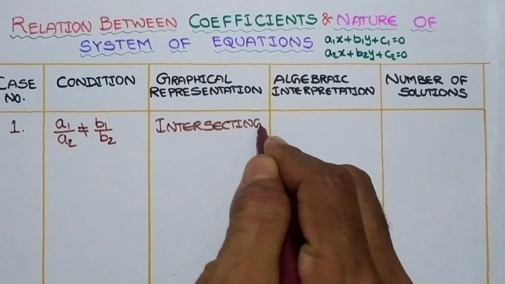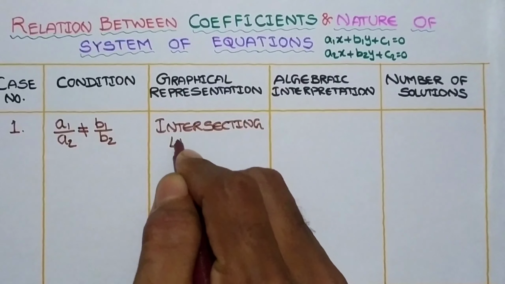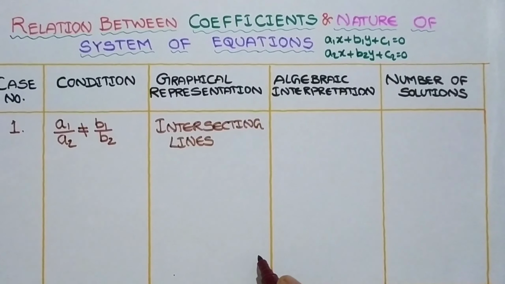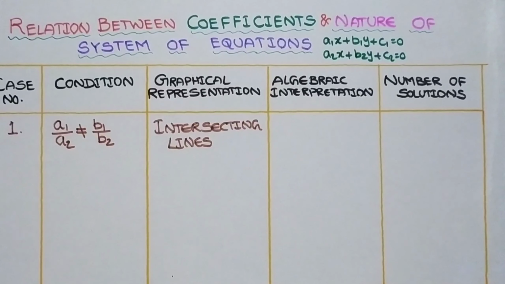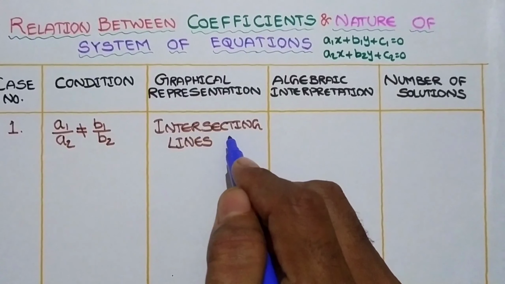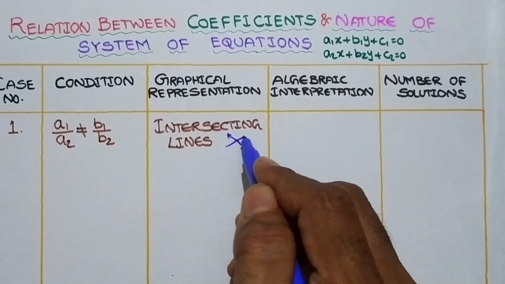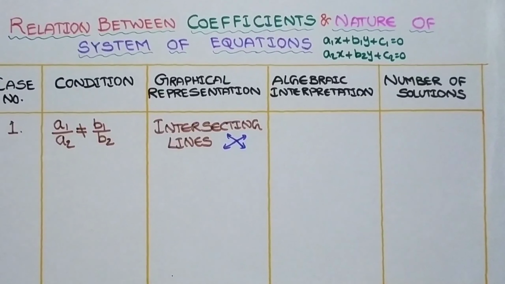Means if we draw the graph it would be in this way. This is one of the lines and this is the other line. These are intersecting lines.